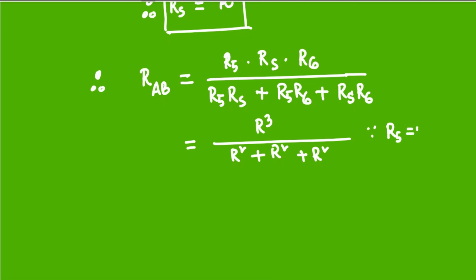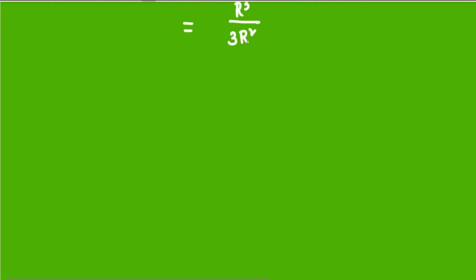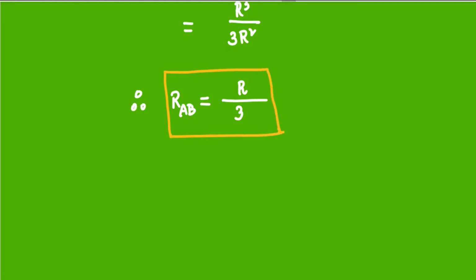Since R5 equal Rs equal R6 equal R, therefore Rab equal R cube by 3R square. Therefore, Rab equal R by 3. This is the equivalent resistance between the 2 points A and B.